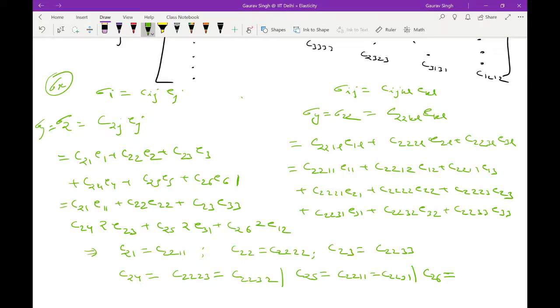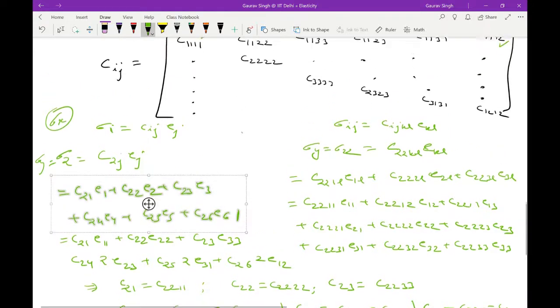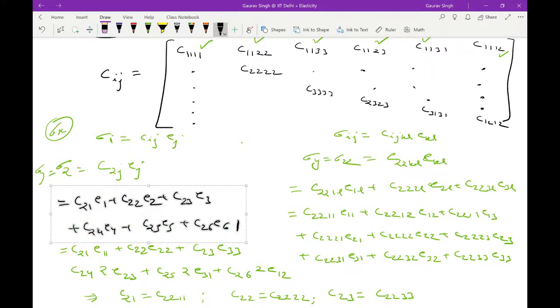So E12 is okay. C2212 equal to C2221. Okay. So I think we can complete this at least.